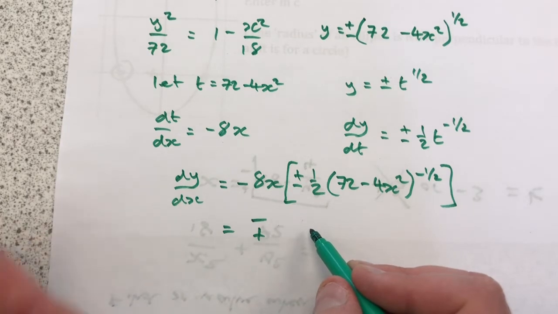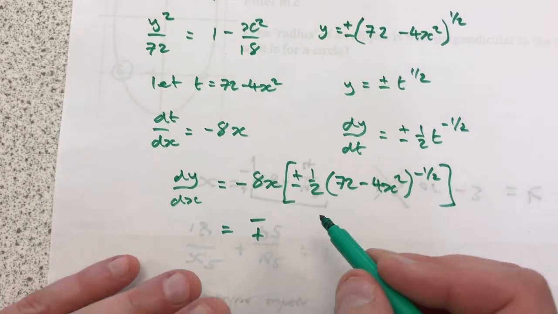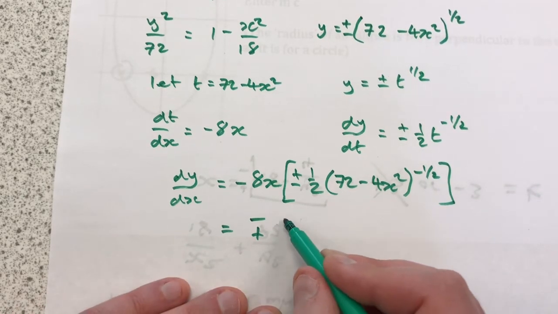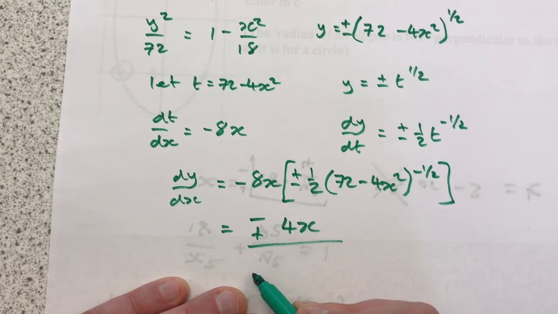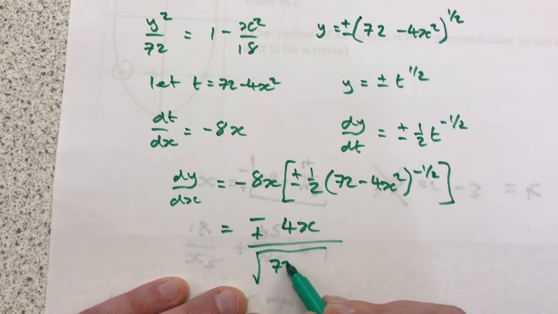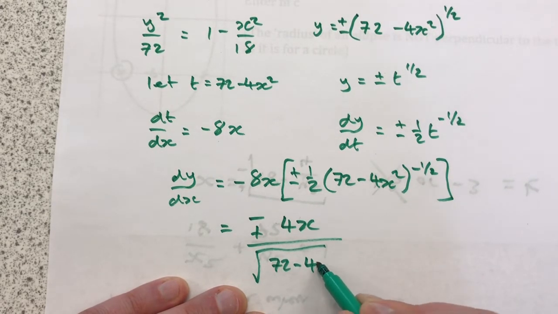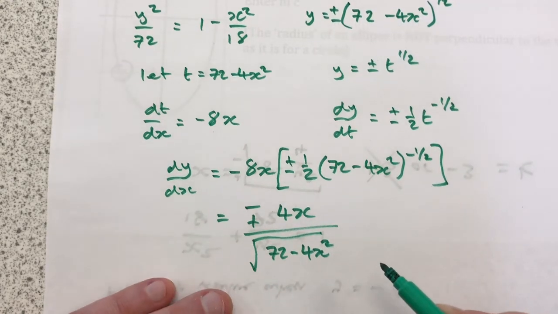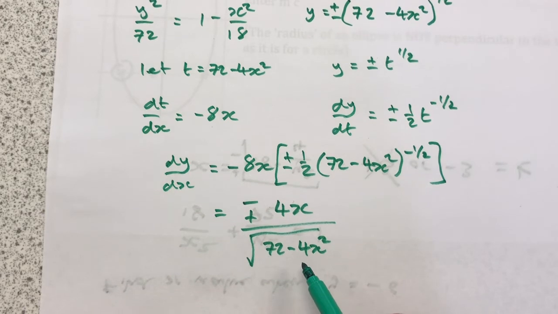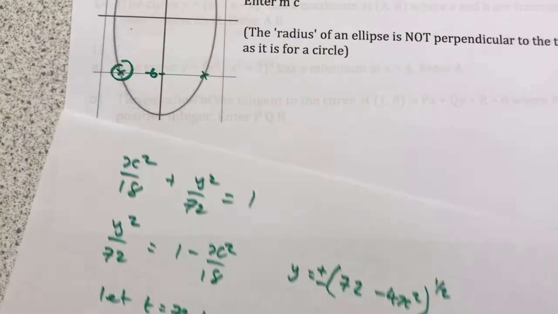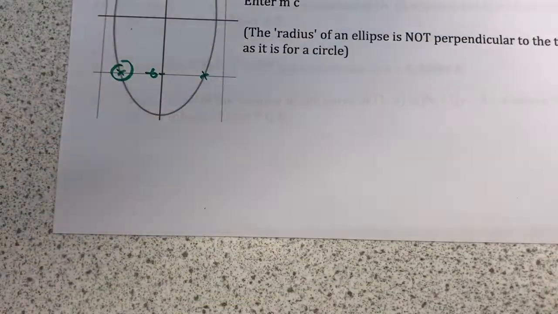Sometimes that can help me work out what I'm supposed to be doing later on. It's the opposite of what I'm thinking. Anyway, I digress. So we've got 4x over the square root of 72 minus 4x squared. And this is going to be the gradient of the tangent when x equals k and k is minus 3.